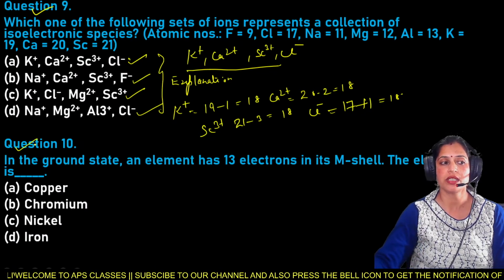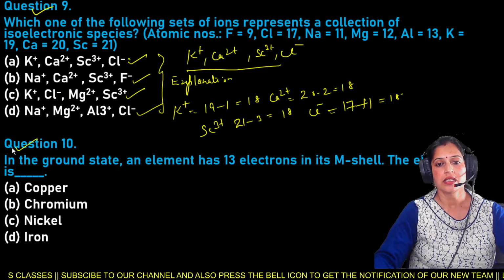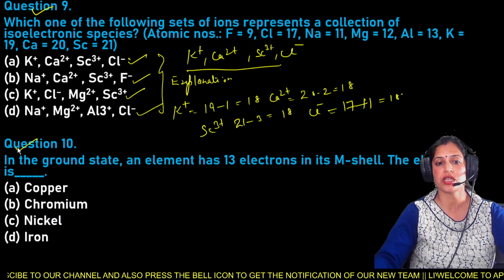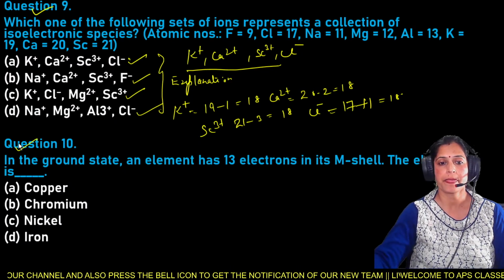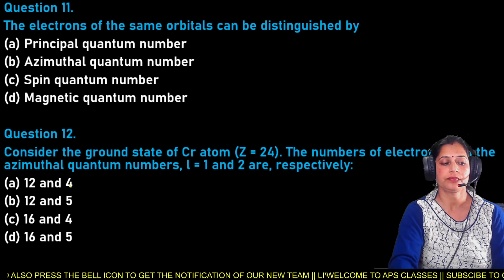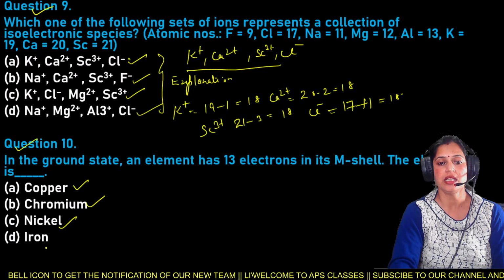Next is question number 10. In the ground state, an element has 13 electrons in its M shell. The element is: options are copper, chromium, nickel, iron.